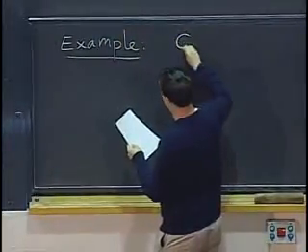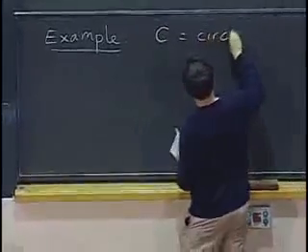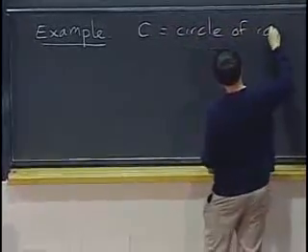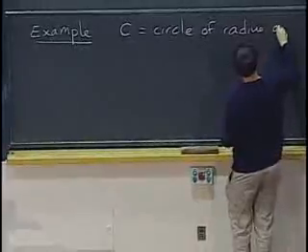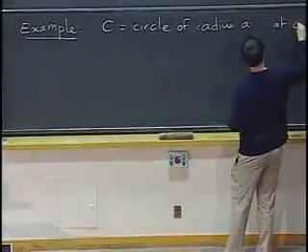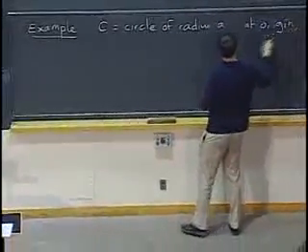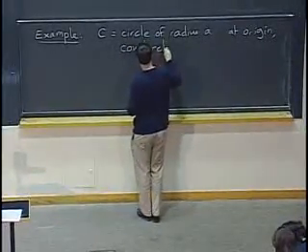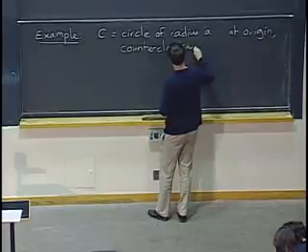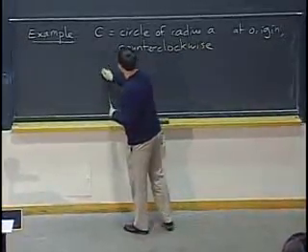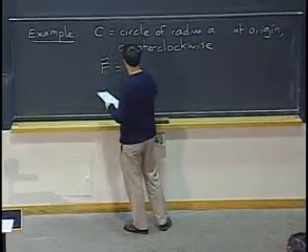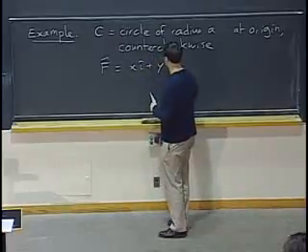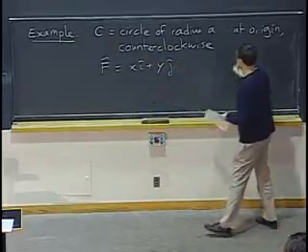Okay, so let's say that C is a circle of radius a centered at the origin, going counterclockwise. And let's say that our vector field is xi plus yj. So what does that look like?